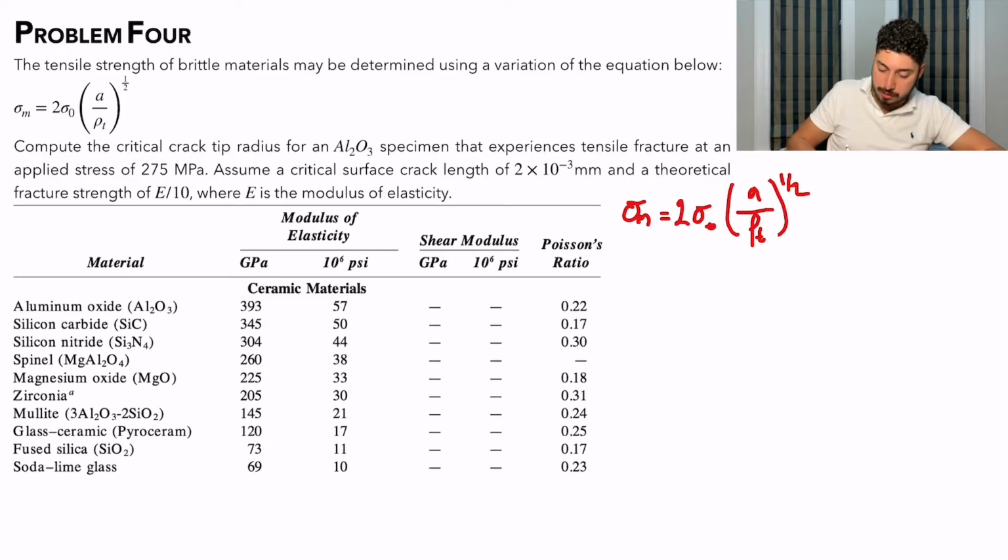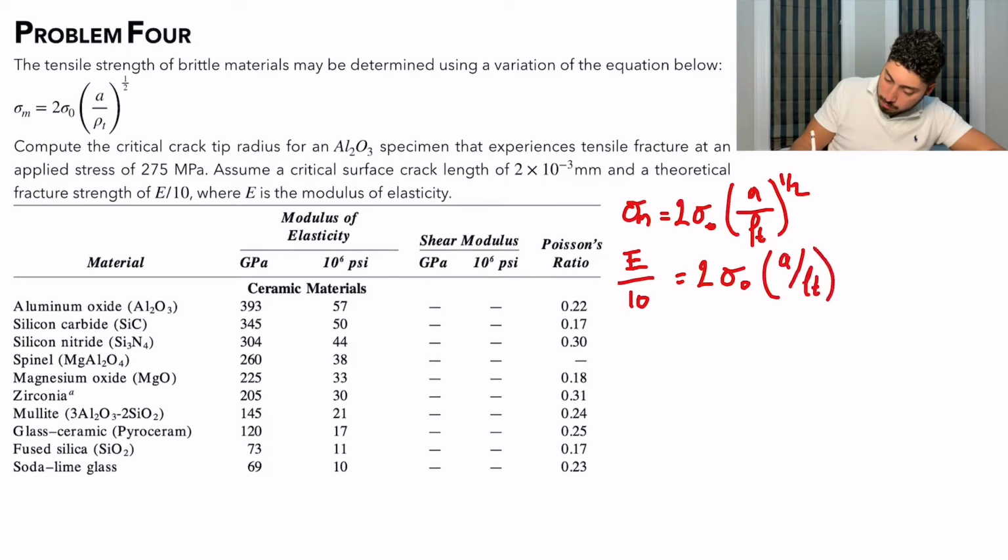So the problem tells us that the theoretical fracture strength is equal to E over 10. So we can say that E over 10 is equal to 2 times the applied stress times a over rho t to the power of 1/2. Just a simple substitution. So now we need to rearrange for rho t and substitute our knowns.